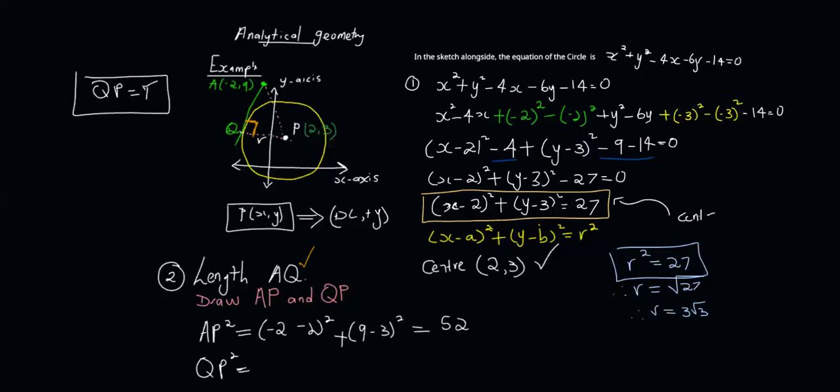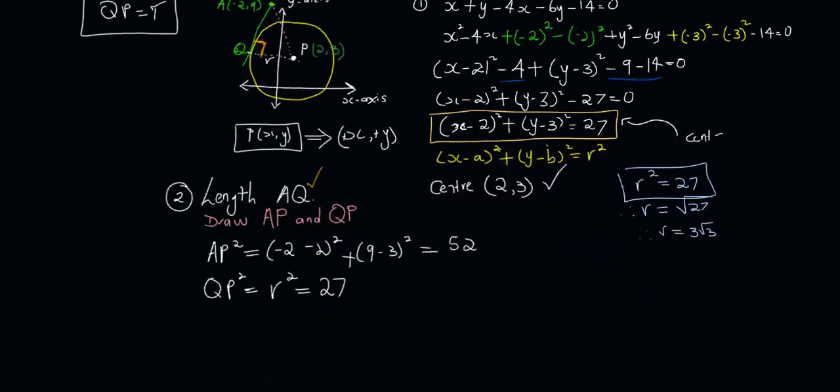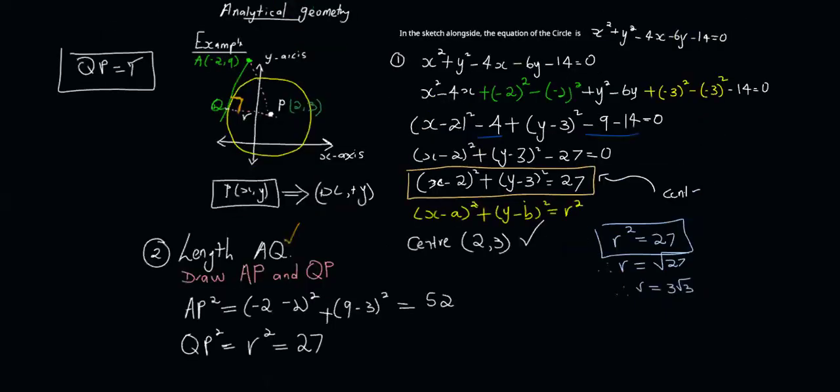Sir, please state the reason again, explaining why QP is equal to the radius. Okay, QP, let's go to QP. This is Q, this is P. Are you happy? Yes, sir.